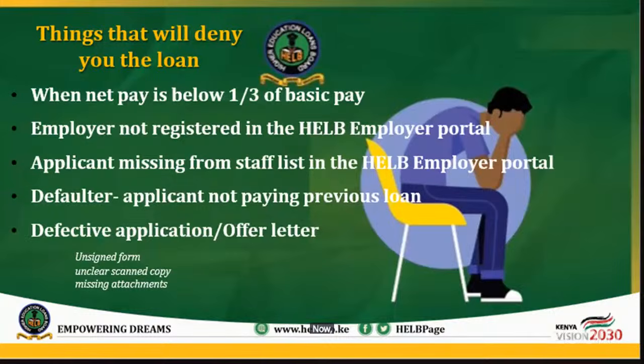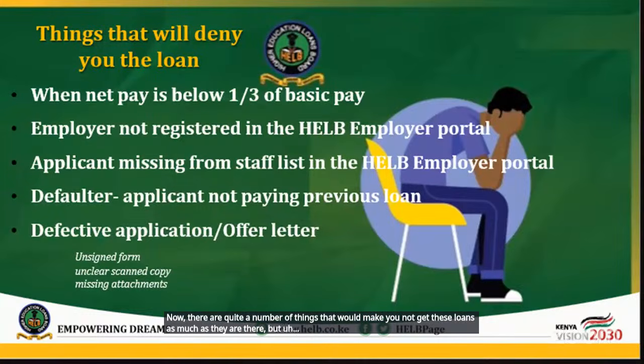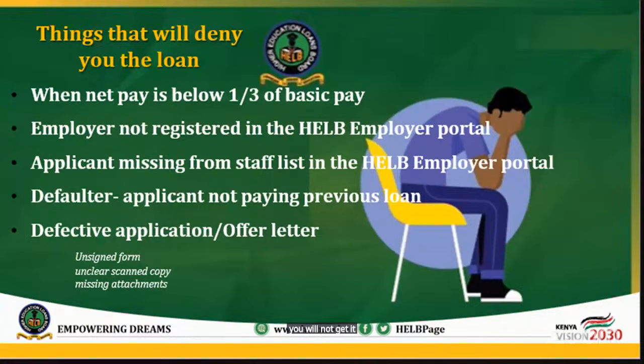Now, there are quite a number of things that would make you not get these loans, as much as they're there. Number one, if your net pay is below a third, kindly tengeneza payslip, alafu ukuje tutakupatia.